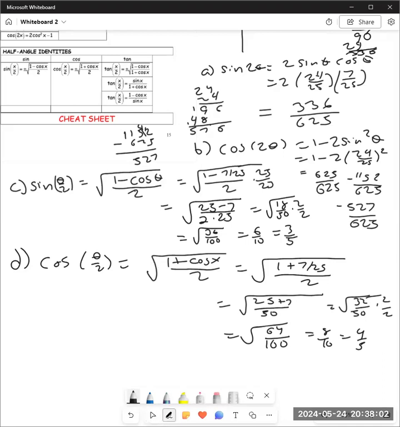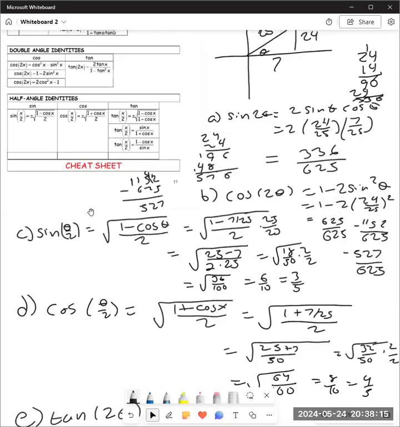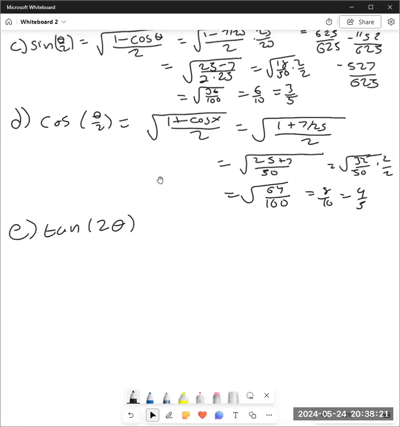And then we want tan of 2 theta. So tan of 2 theta is right there, 2 tan theta over 1 minus tan theta squared.